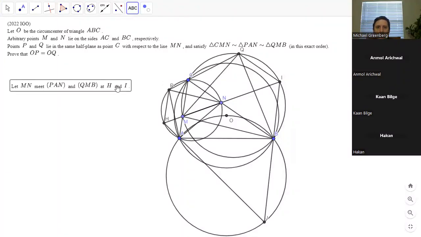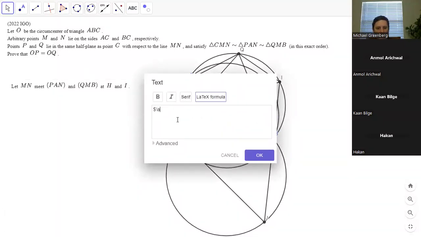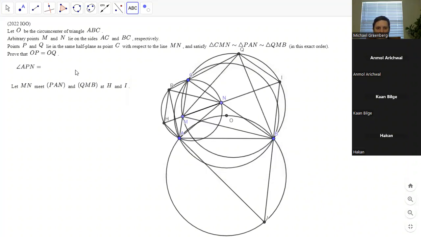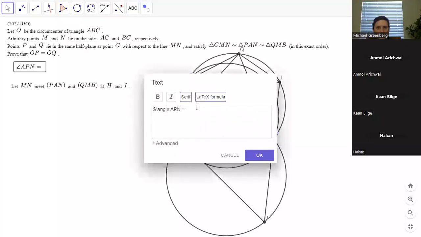Okay, so I kind of just assumed that this was cyclic. So by an angle, angle APN is MCN.